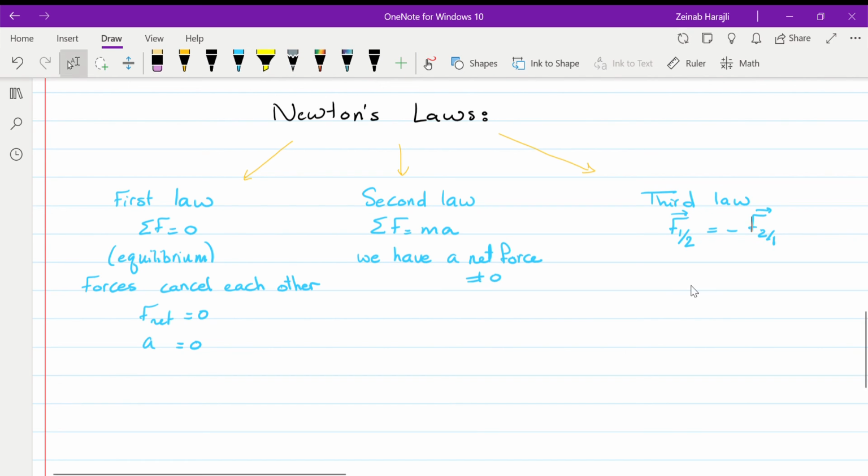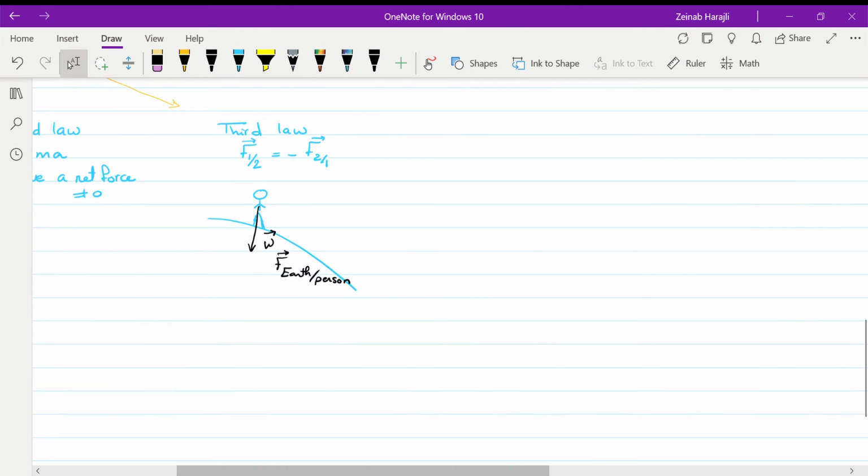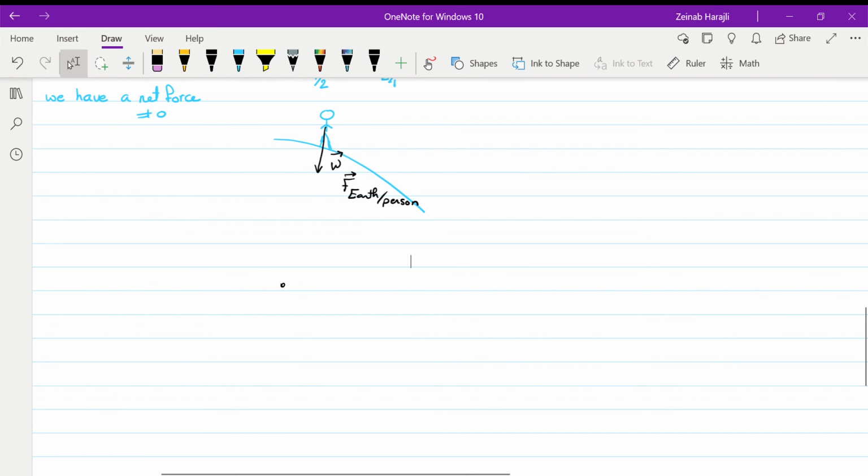So if we have someone standing on Earth and Earth is exerting a weight force on this person, this weight force can also be named as F Earth on this person. And this person will exert an opposing force to this weight. He will exert a pull on Earth equal to that exerted by Earth.